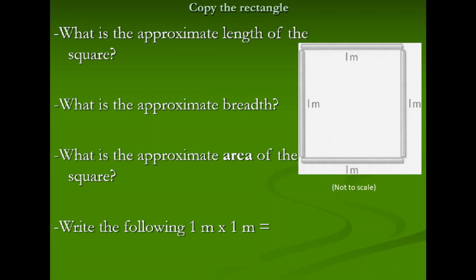The second one is, what is the approximate breadth? Again, breadth is width. The third question is, what is the approximate area of the square? And the last one is, write the following: 1 meter times 1 meter equals what?